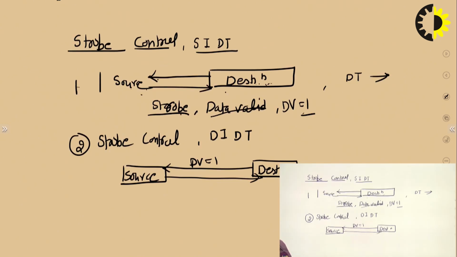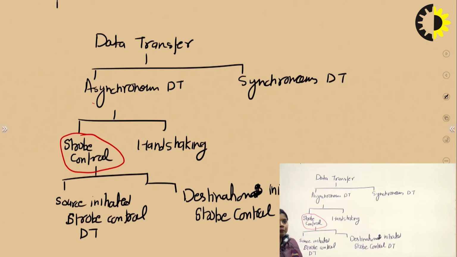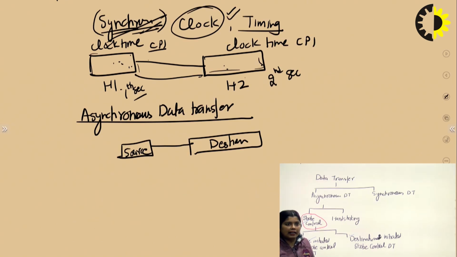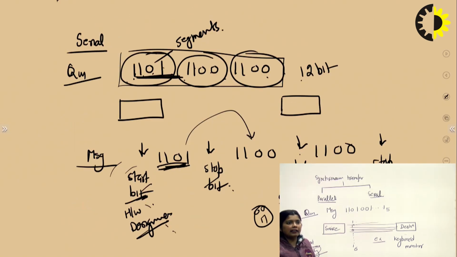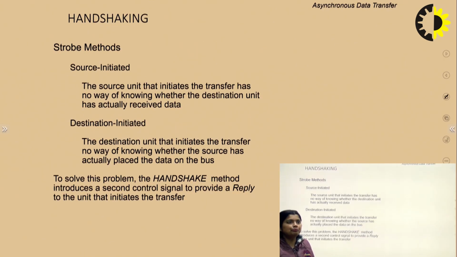So, as we already discussed, in the data transfer the Strobe control is source initiated and destination initiated. Now, in the handshaking method, what is going on?